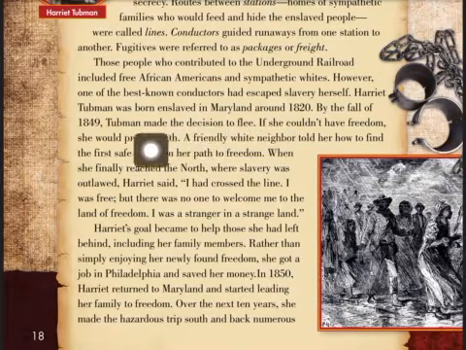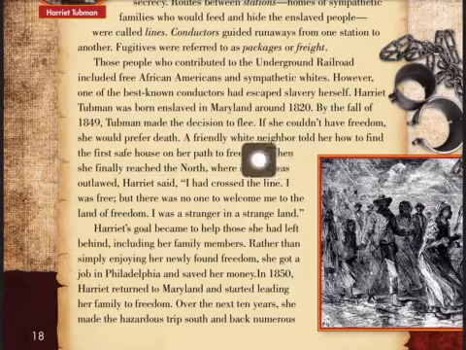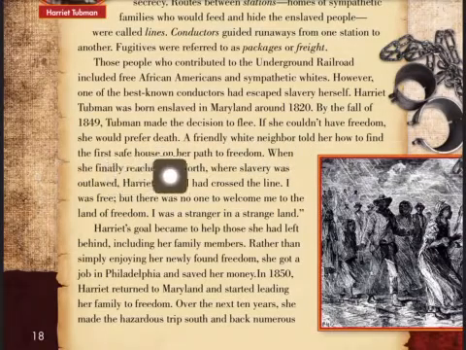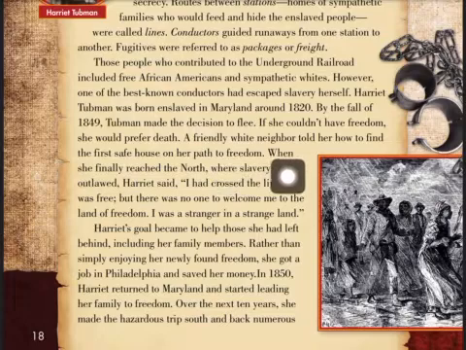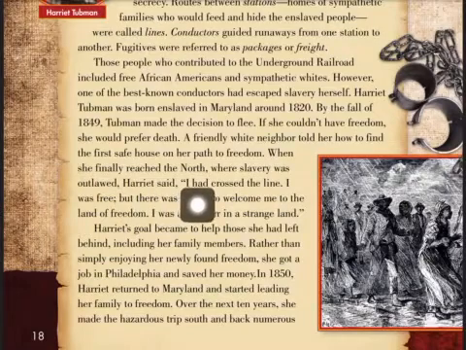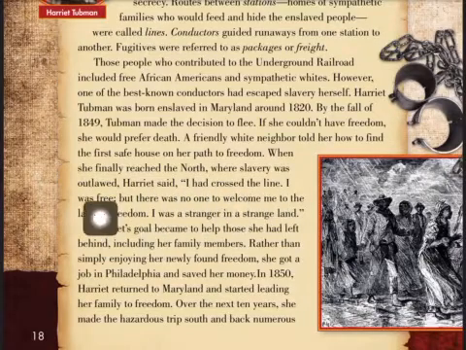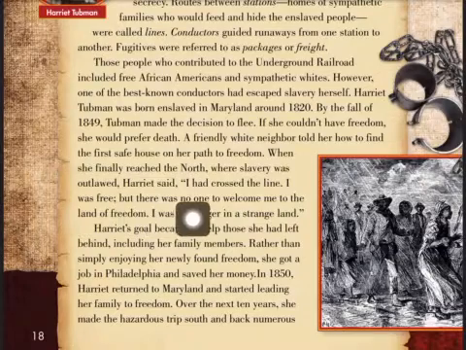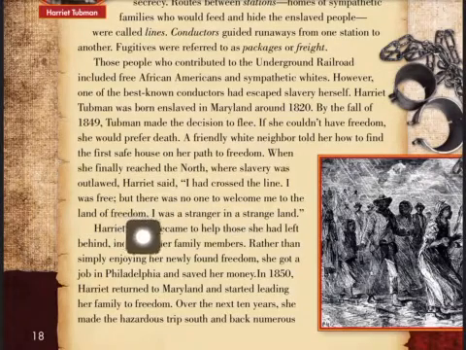If she couldn't have freedom, she'd prefer death. A friendly white neighbor told her how to find the first safe house on her path to freedom. When she finally reached the North, where slavery was outlawed, Harriet said, "I had crossed the line. I was free. But there was no one to welcome me to the land of freedom. I was a stranger in a strange land."